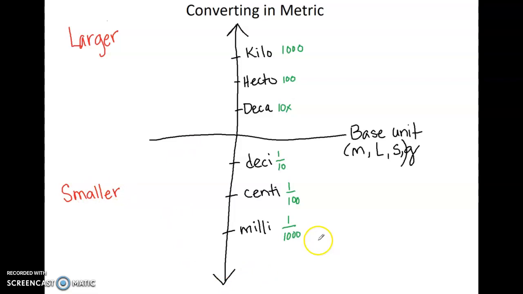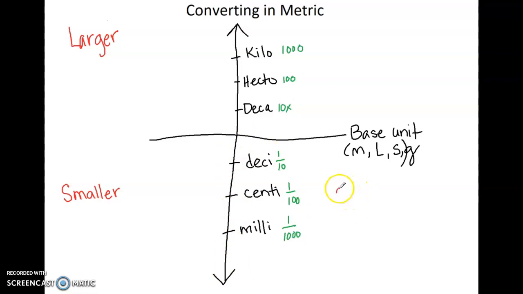This visualization of the vertical spectrum can help us in deciding how we're going to approach the conversion between these units. If I wanted to convert between meters and centimeters, I can use this visualization for that. Let's say I wanted to do a really simple problem.